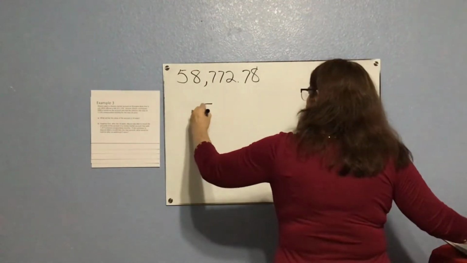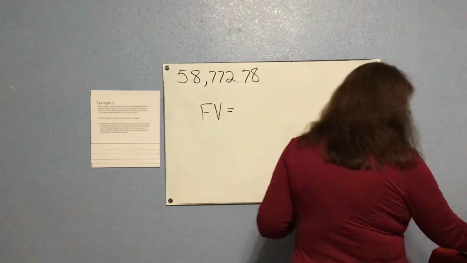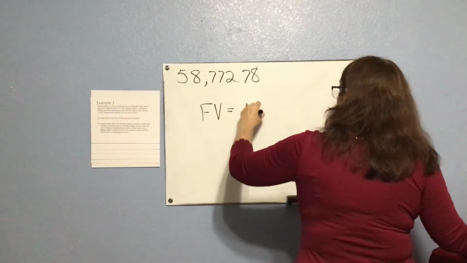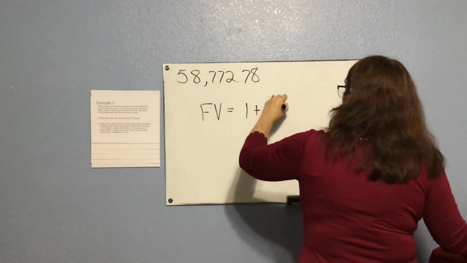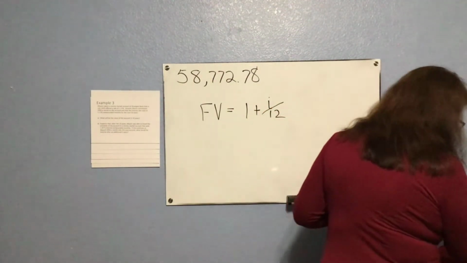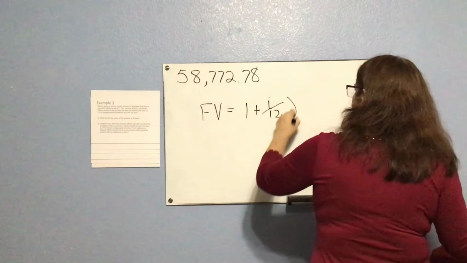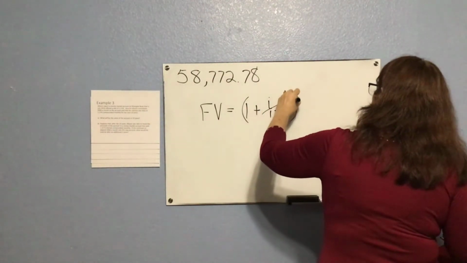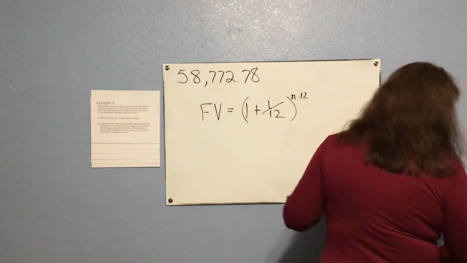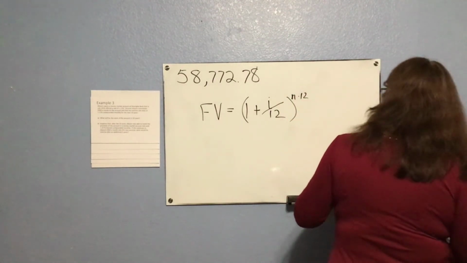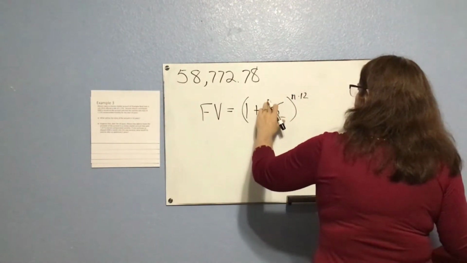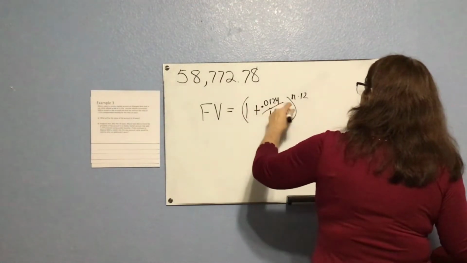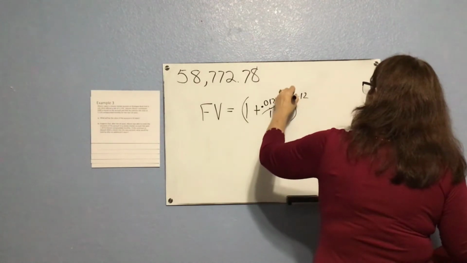So here my future value is equal to 1 plus I over 12. And this is raised to the n times 12 power. So n times 12 here. And we know that this I was 0.0124 and n was 5 years.